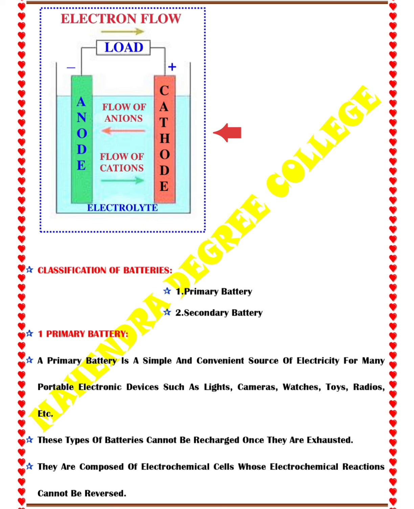Anode, minus terminal, in green color. The negative electrode. It releases electrons to the external circuit. Anions, meaning negative ions, move toward the anode through the electrolyte.